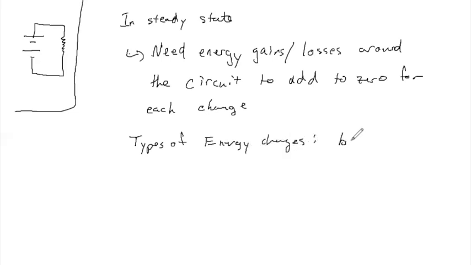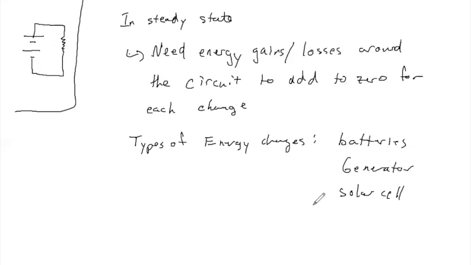So you could have batteries, you could have a generator, you could have a solar cell, and then we could also have places in here where there's an electric field. We all know there's going to be a current flow. What makes that current flow? Well, it's the electric field pushing the charges along.